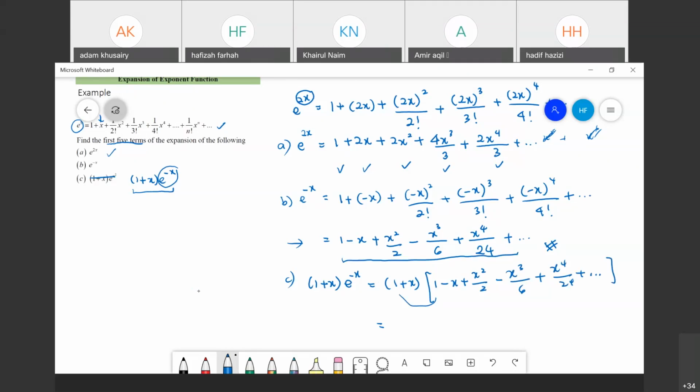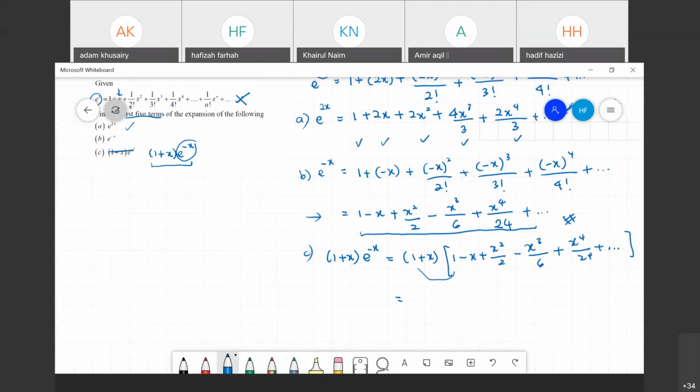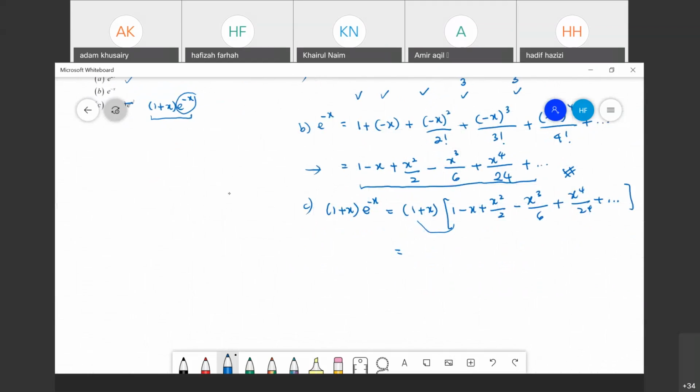Good. Okay, what if they didn't give you the expansion of e to the power of x? They just say find the first 5 terms of the expansion of e to the power of 2x. How? So same. First thing first, we will find the expansion of e to the power of x first by finding the power series, which is a0 plus a1x plus a2x squared.